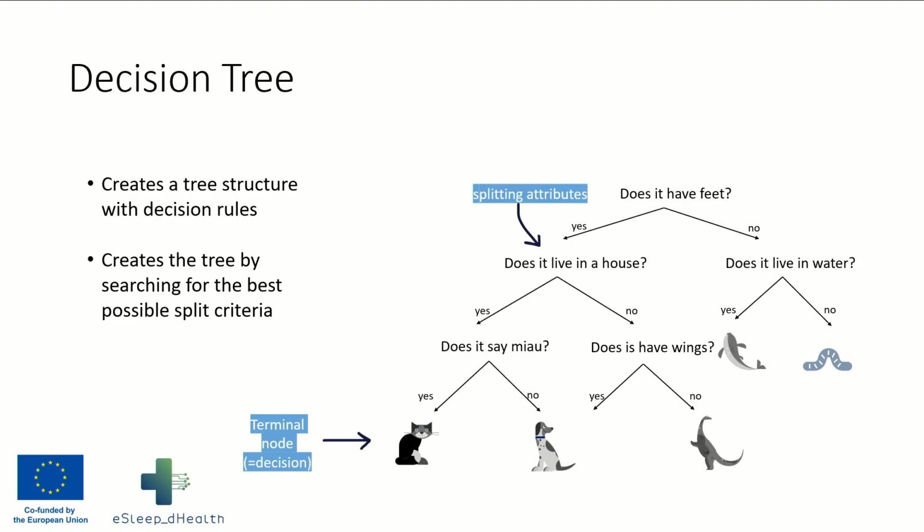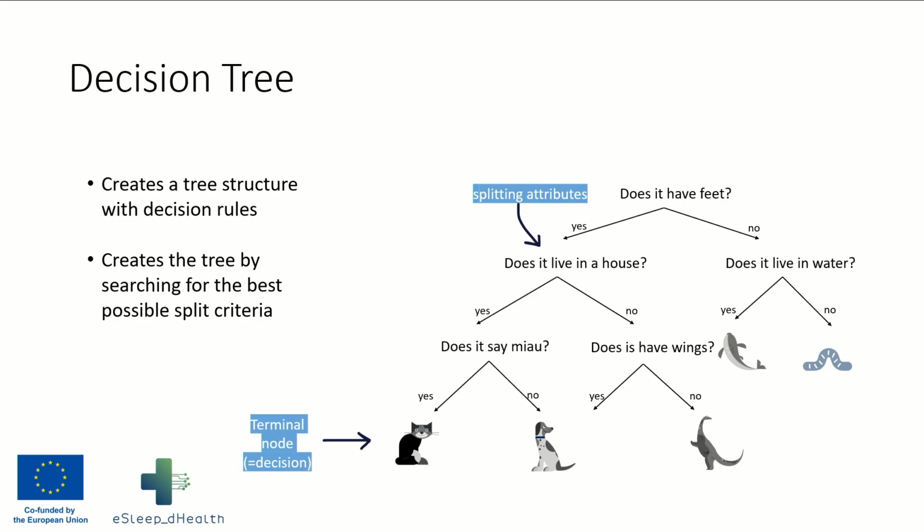And yes, the dog lives in a house, so we would move further along to the left side of the tree. Reaching the next splitting attribute would be, does it say meow? And no, our dog does not say meow, so we move to the right side of the decision tree. And then we arrive at the terminal node. So this is our decision. The animal we're searching for is a dog.